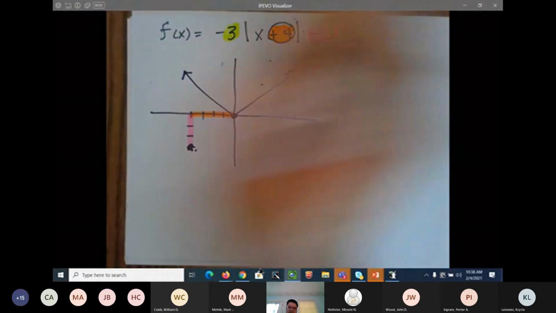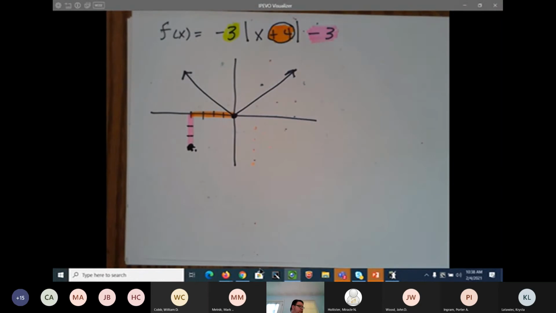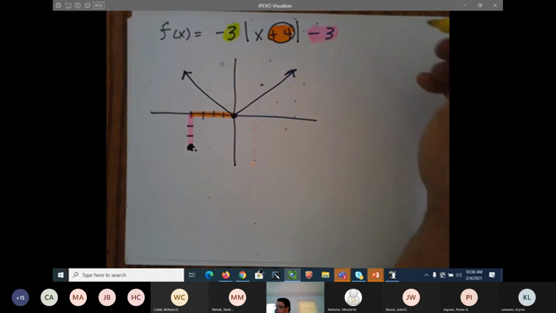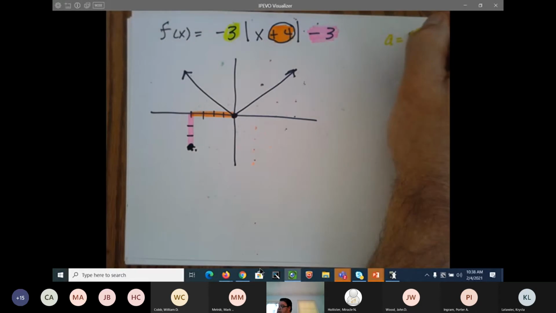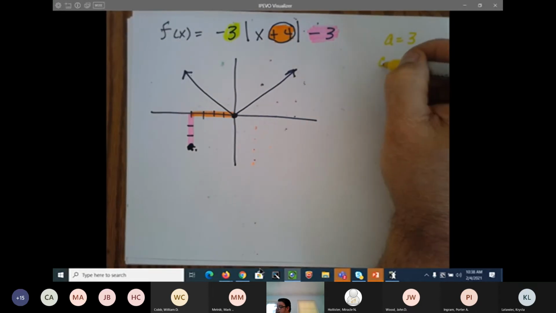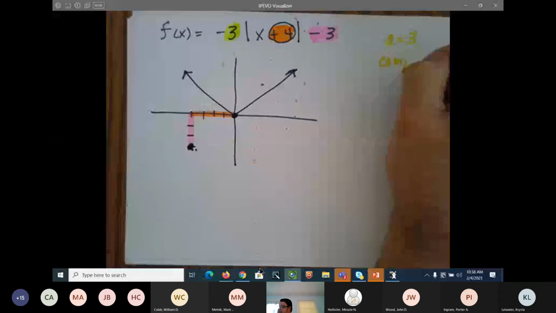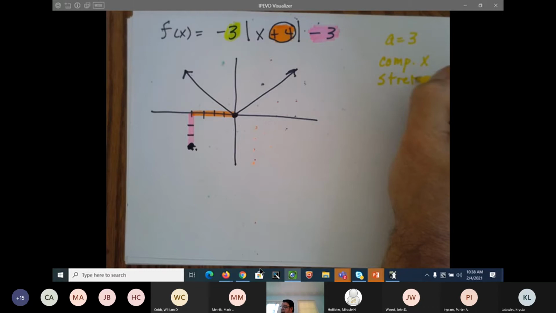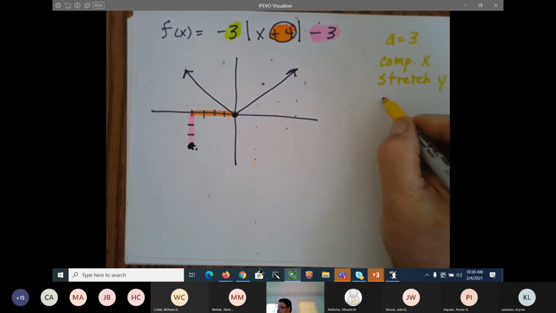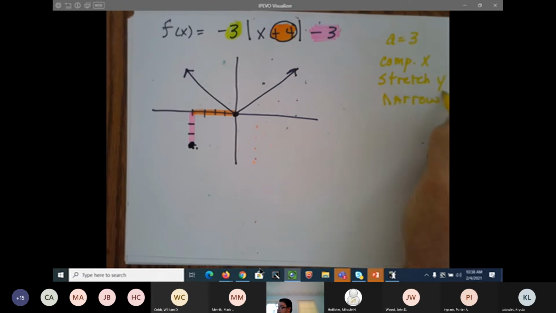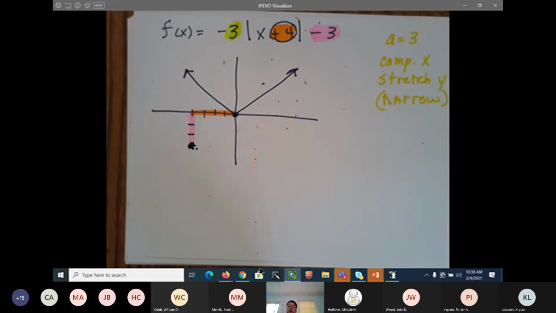Hold on. Where is my logo? A equal to 3 tells us that it's compressed along the x-axis and stretched along the y-axis, therefore giving us a more narrow V.